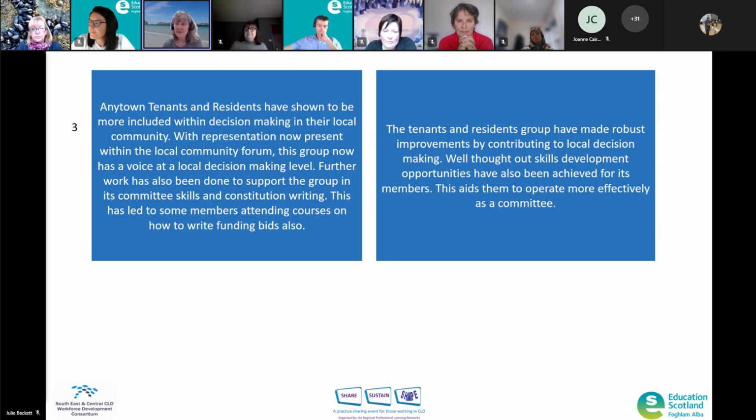Well thought out skills development opportunities have also been achieved for its members. This aids them to operate more effectively as a committee. And I really like the way that cuts through quite a lot of words from the left-hand side and very concisely expresses real improvement that's having an impact.